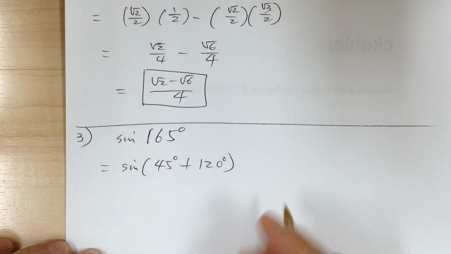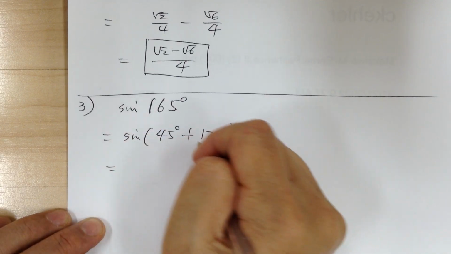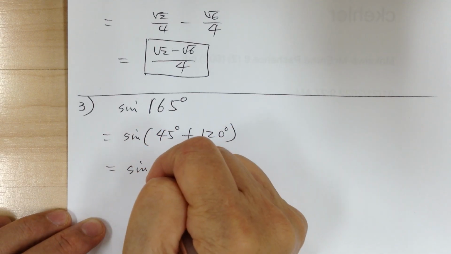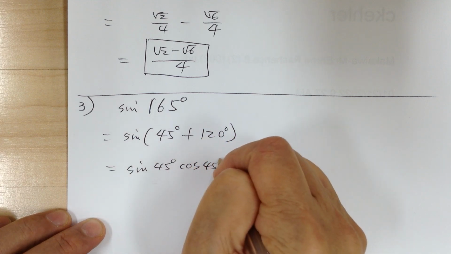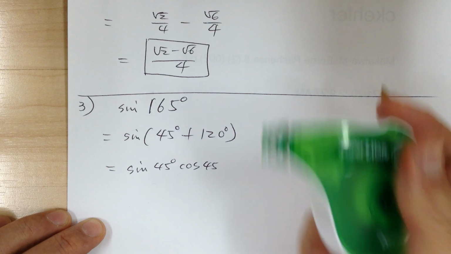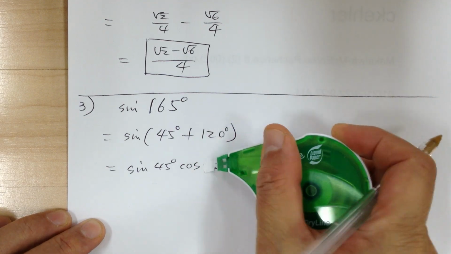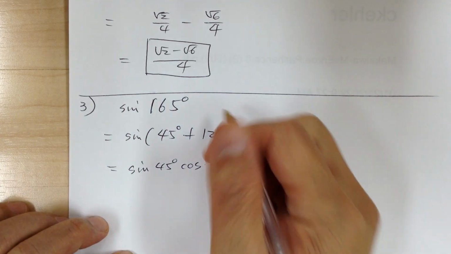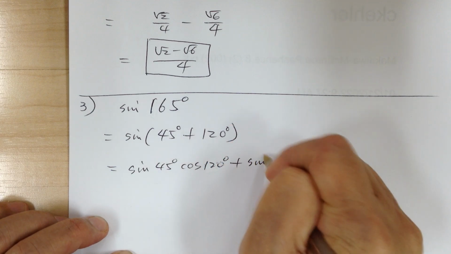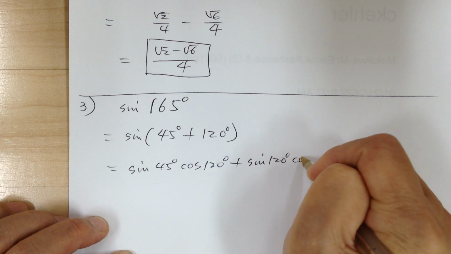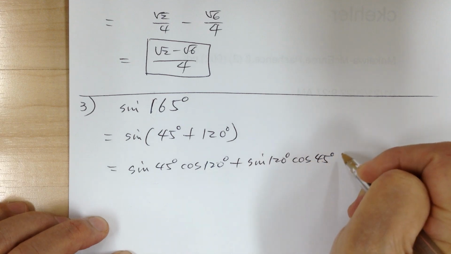Right? This will give you 165. Again, use your sum identity. So sine, this will equal sine 45 cosine 120, plus sine 120 cosine 45 degrees.